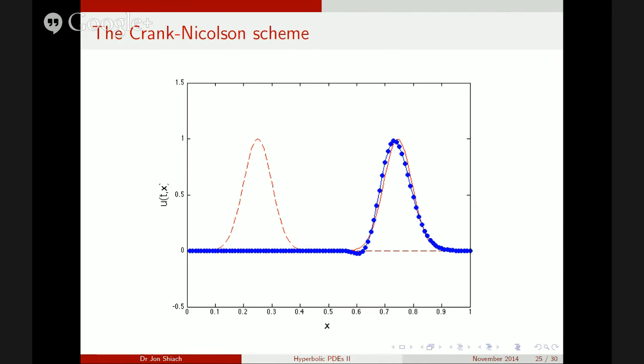Okay, so how many schemes have we got? We looked at first order upwind, forward time centered space, which is useless, Lax-Friedrichs, which tends to be too dissipative, Leapfrog, Lax-Wendroff, and Crank-Nicolson. But that's not an exhaustive list. There are plenty of schemes out there. You just choose different finite difference approximations, insert them into the equation, derive your schemes, check them for consistency, check for stability.